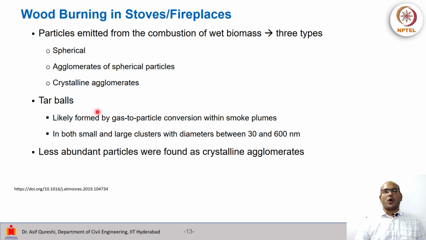Tar balls, for example, are likely formed by gas to particle conversion within the smoke plumes, and they would be in both small and large clusters with diameters between 30 and 600 nanometers, that is 0.03 micrometer to 0.6 micrometers. However, less abundant particles were found as the crystalline agglomerates.